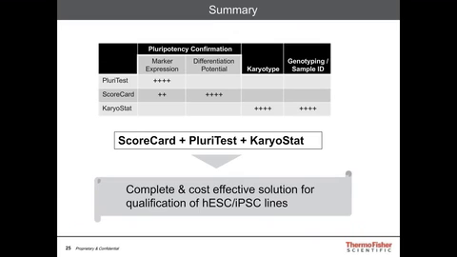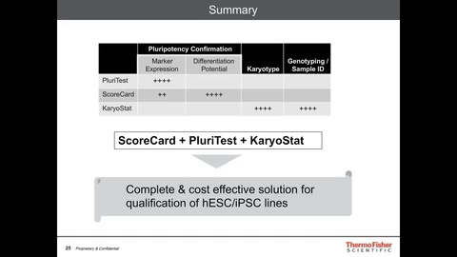To summarize how the newly launched molecular methods PluriTest and KaryoStat align with our long-term goal of providing a more comprehensive characterization in combination with the existing products such as Scorecard. One complements the other.